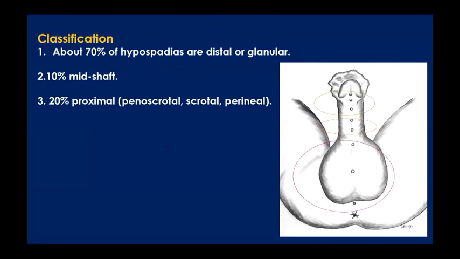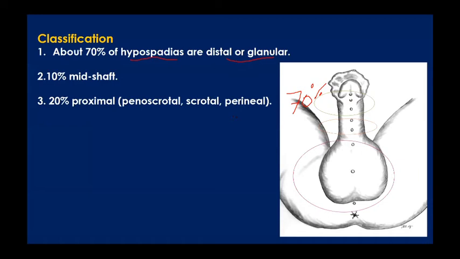Okay, classification of hypospadias: it is classified according to the site. About 70% are distal or glandular, just below the glans or in the corona.